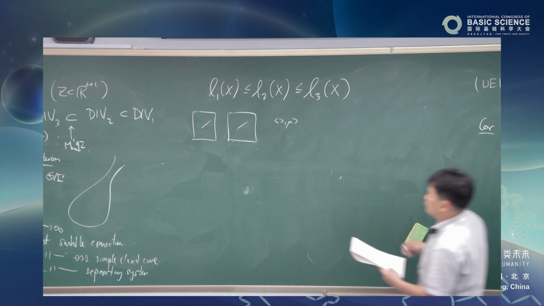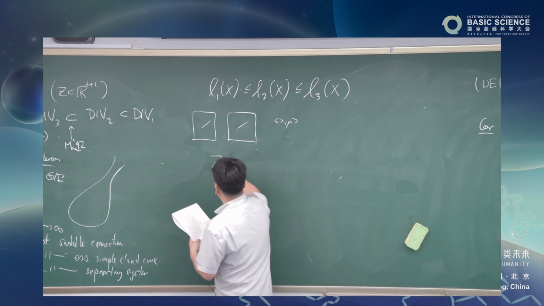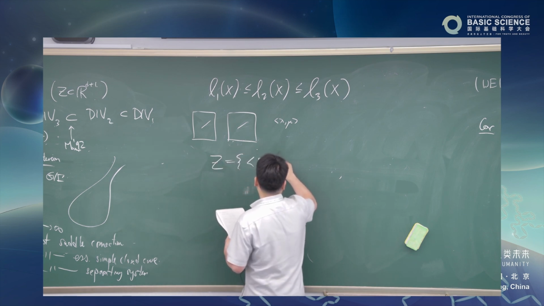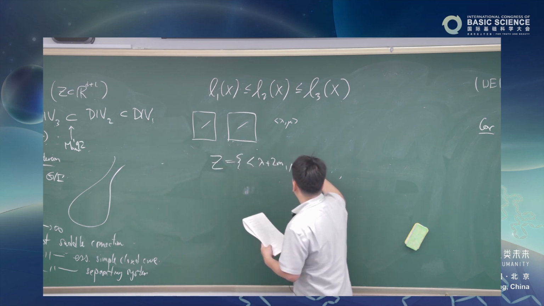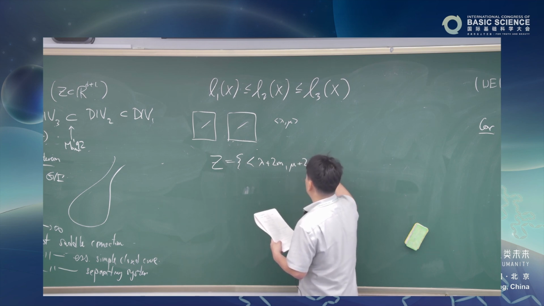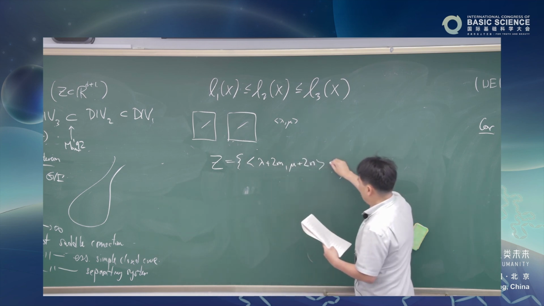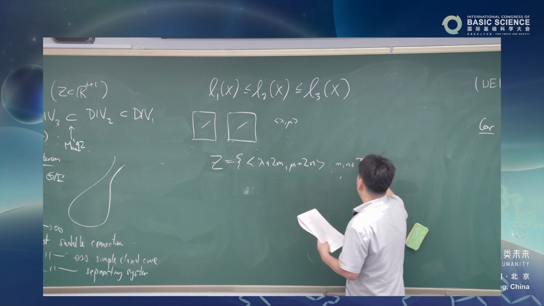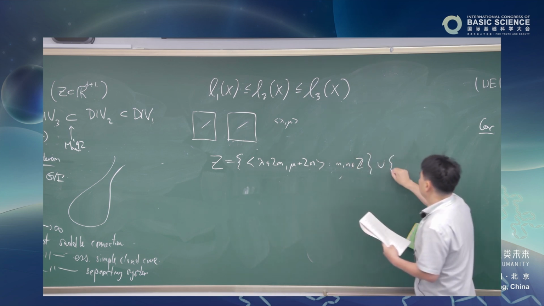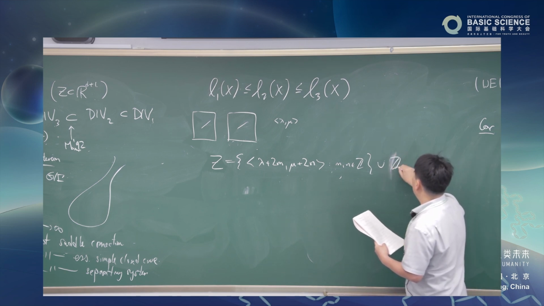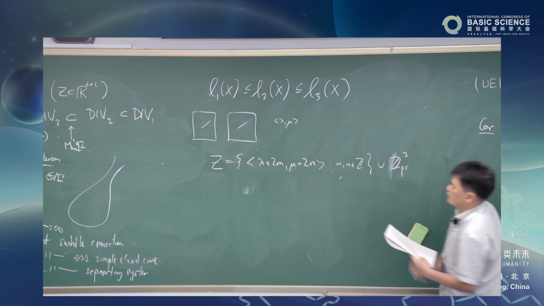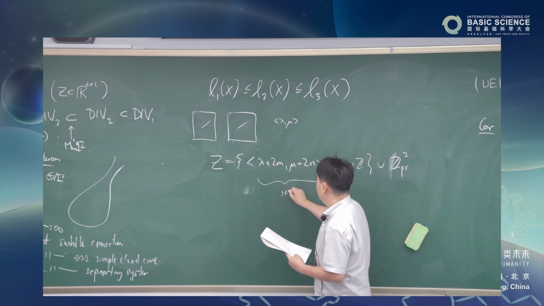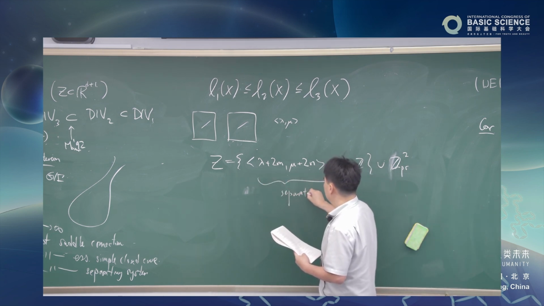And we can form the set Z, which is the set of pairs (lambda + 2m, mu + 2n), where m and n are integers, union the set of primitive pairs. So these are examples of what are called separating slits.